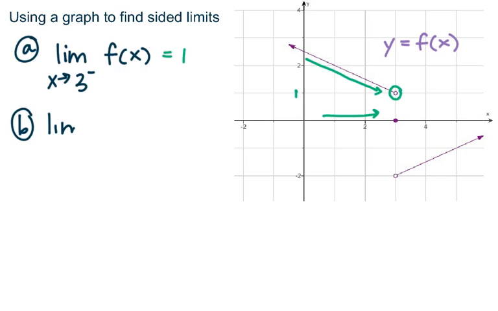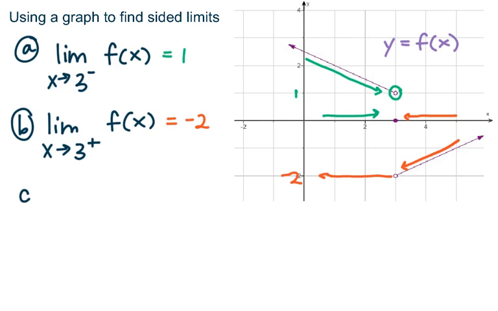If we were to look at the limit as x were approaching 3 from the right of this function, approaching 3 from the right would mean we would travel along the graph toward x equals 3. And as we approach 3 from the right, my function value approaches but never touches negative 2.